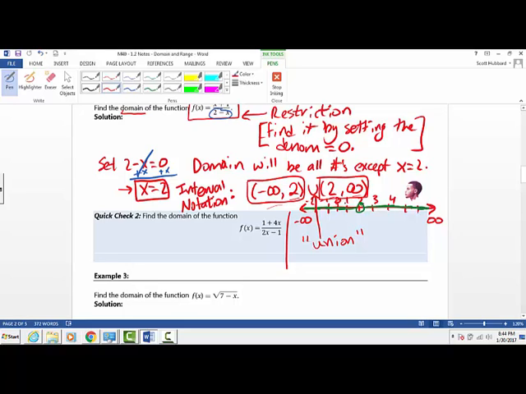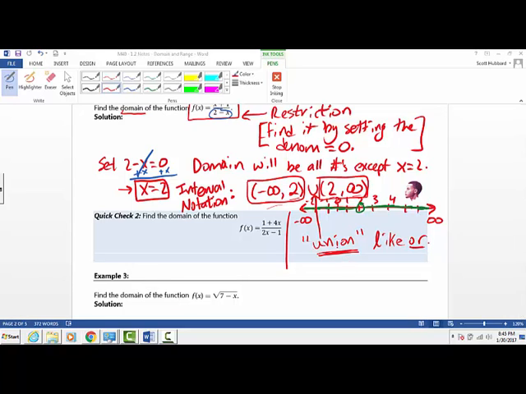And so since my domain is all numbers except 2, the domain would be this interval, all numbers in here less than 2, but also all numbers in here. And so that's why we have to union it to say or. So I want the left interval or the right interval. Okay, and that's called the union symbol, and you can type it in on Canvas and WebSign.